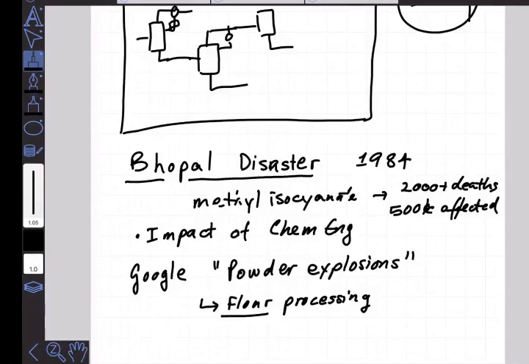Well, okay, maybe if you're some like super gluten intolerant or whatever, but few people are afraid of flour. And these flour explosions, dust explosions that happen in flour processing units lead to the deaths of many people every year. And it's all due to a lack of focus on safety.